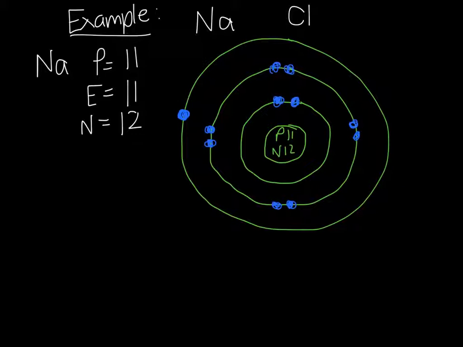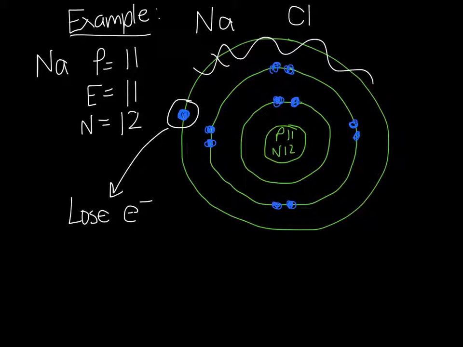But its other option is to lose. It could lose electrons to make a full outer shell. And if it were to lose this last electron right here, we wouldn't even need the third ring. If you lose that electron and you take away the third ring, we'll just kind of cross that out.